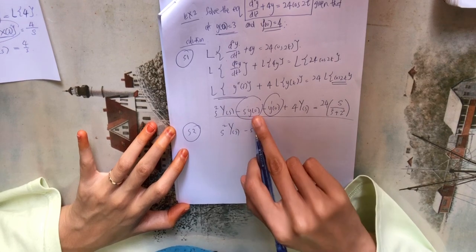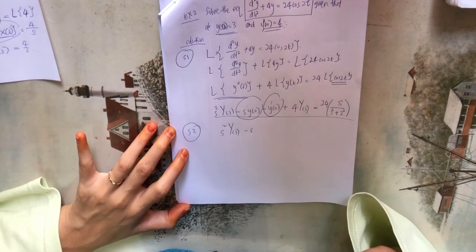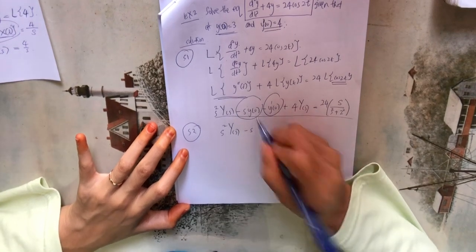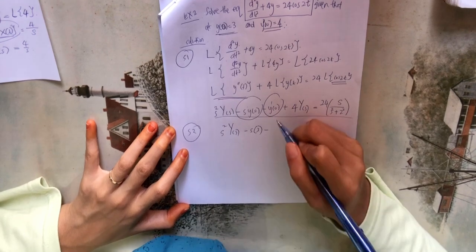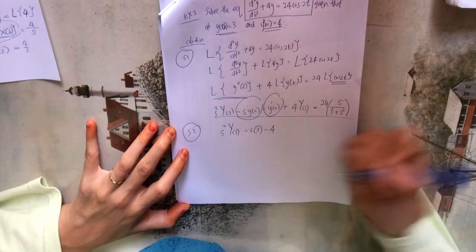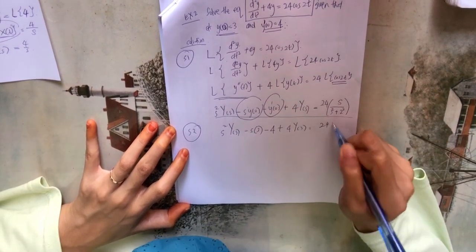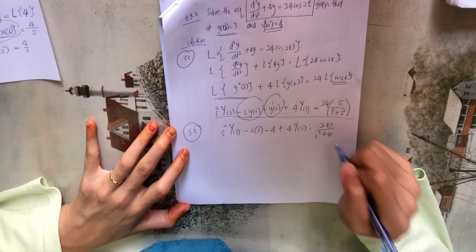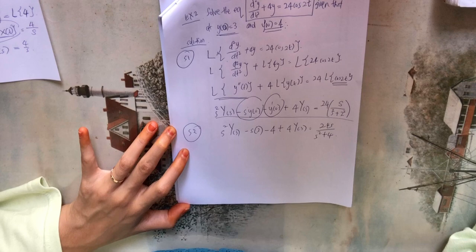Even though it's multiplied with y(0), s will remain as s, so you just replace y(0) with 3, minus y prime 0 is 4, plus 4Y(s) equal to 24s over s square plus 4. So we settle step 2, we just substitute.